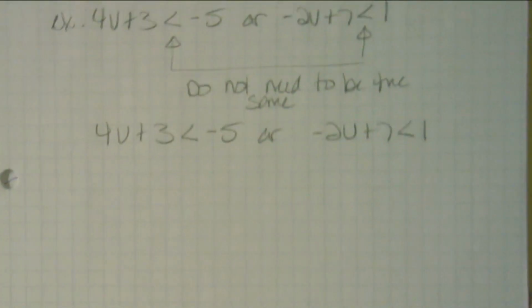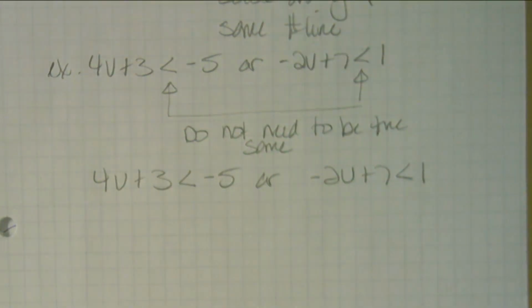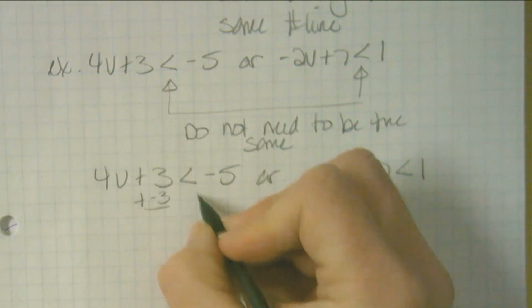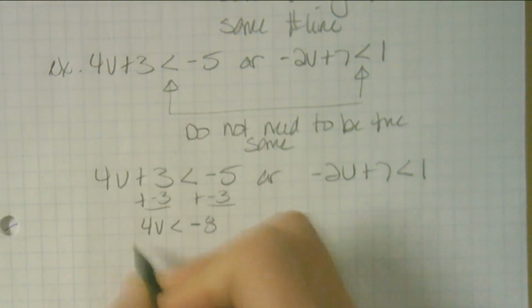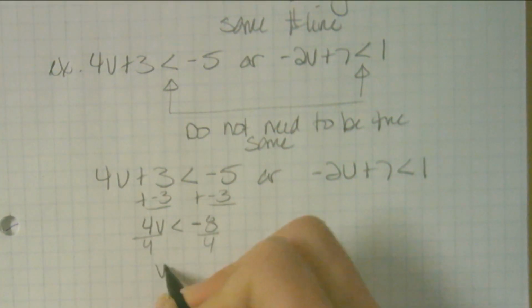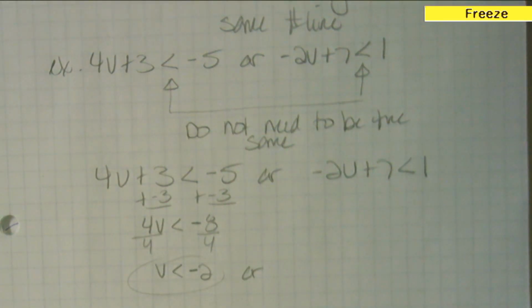Go ahead and do that right now, please. I'll do it while you're doing it. Don't forget, if you have a negative coefficient, when you divide by that negative coefficient or multiply by it, you've got to flip the symbol.